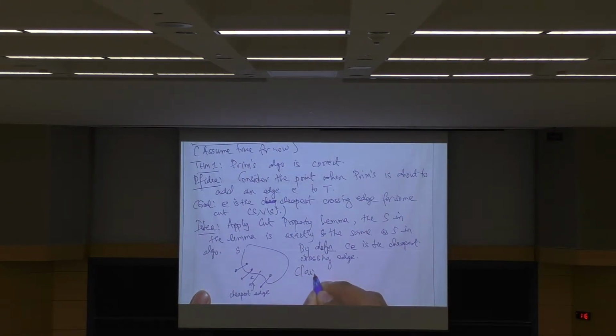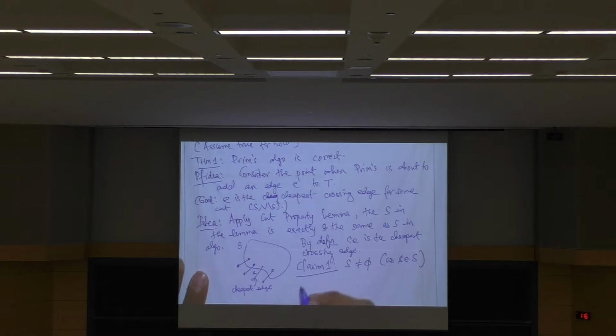So claim 1 is S is non-empty, and this just follows from the fact that the first line in Prim's algorithm says add the start vertex to the set S. Right? So the moment you start running Prim's algorithm, your set of vertices S is non-empty. Okay? So as the start vertex is in this set S, which is good.